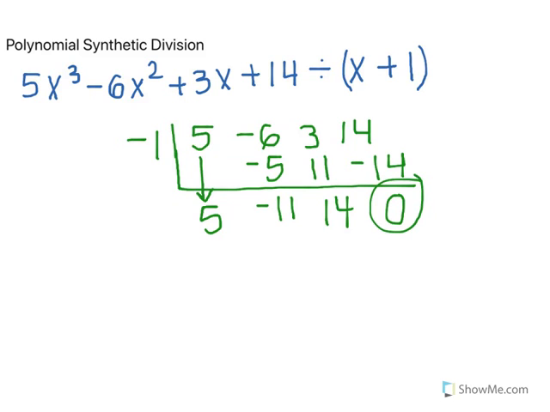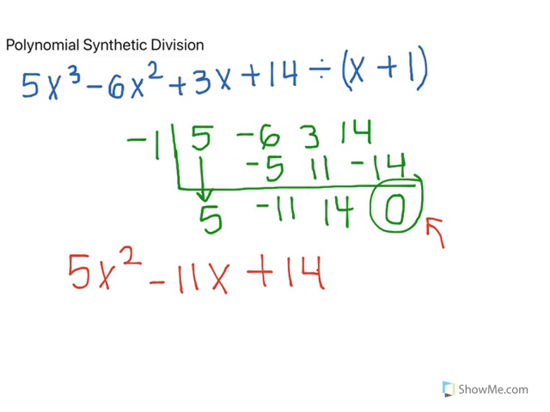Now, let's write down our answer. Since the degree in the original polynomial is to the third, we bring the degree down by 1. So now we would get 5x squared, because 3 minus 1 is 2, for the degree, minus 11x plus 14.